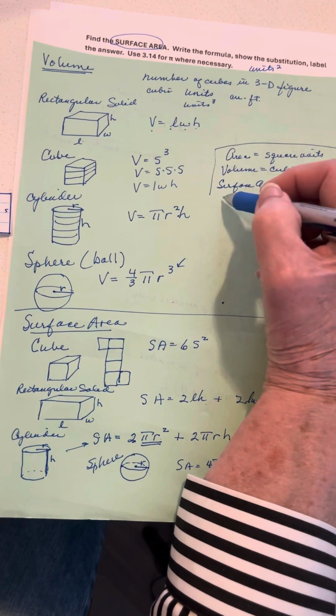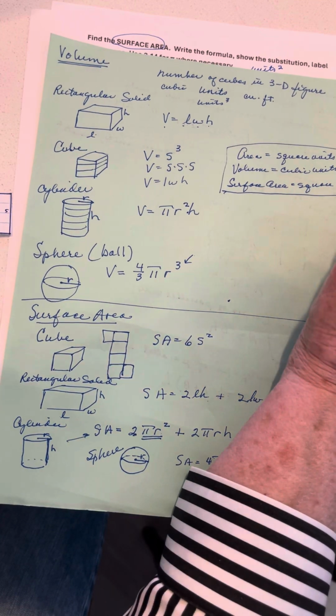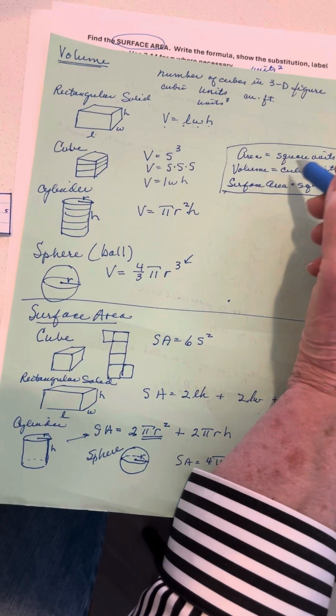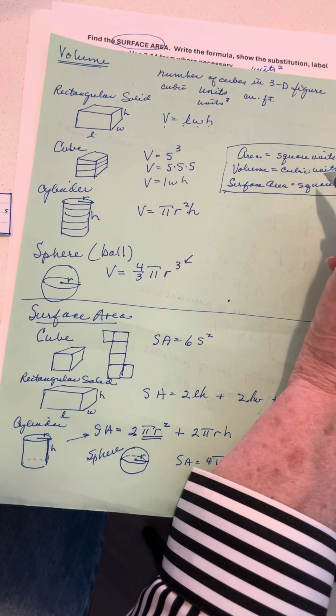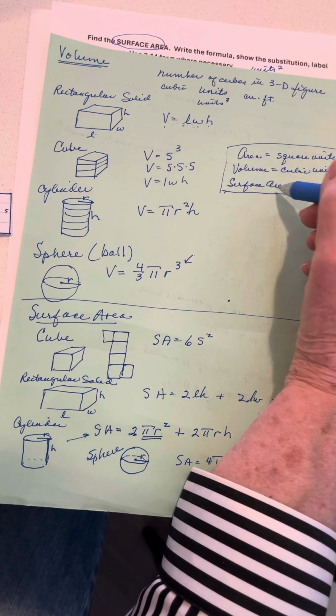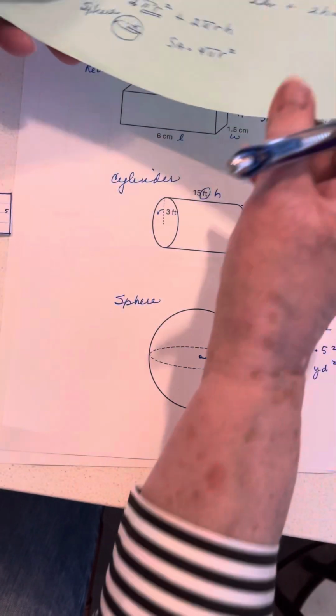So this is important, and you can go back through each section. The test will be in each section. You'll have some area, you'll have some volume, you'll have some surface area. You can go back and double check and be sure you have the area answers labeled in square units, the volume in cubic units, and the surface area again in square units, because we're talking about flat.